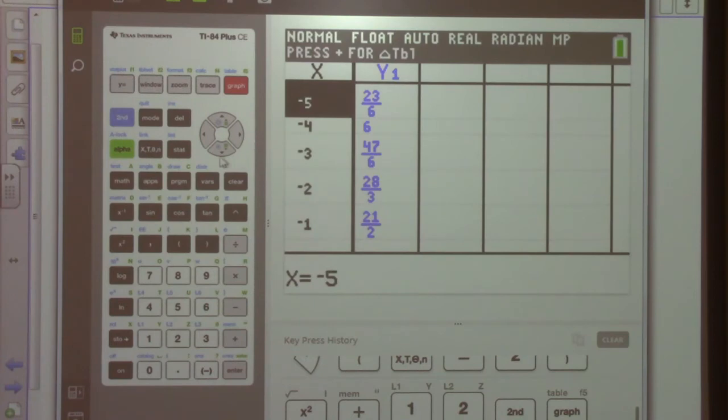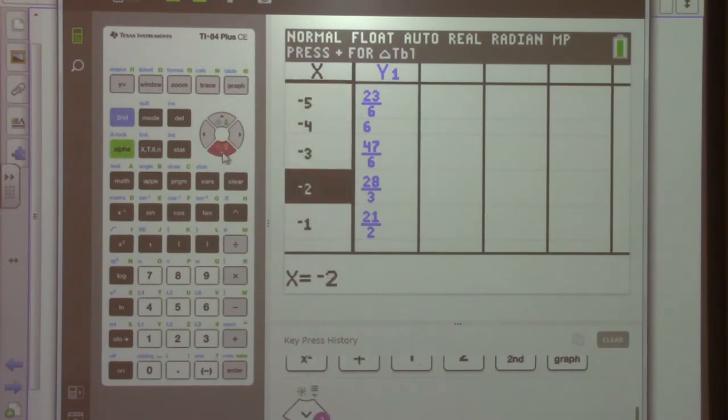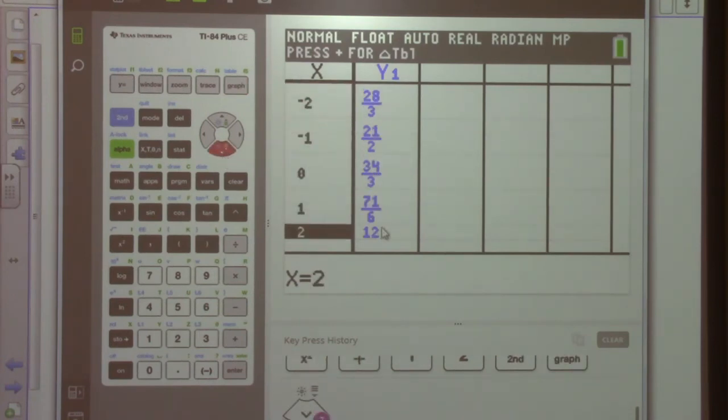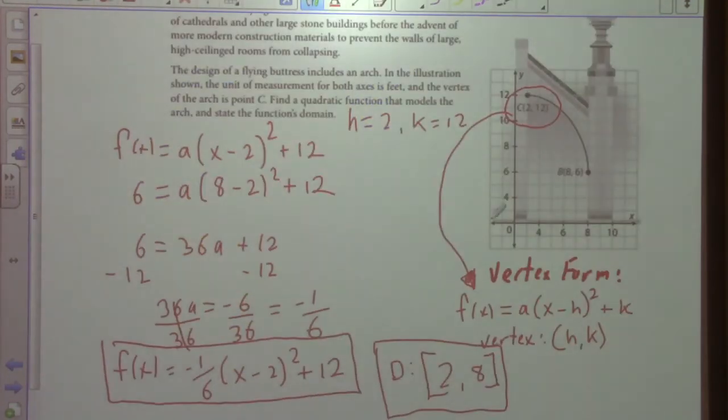You should get 2 points on here. You should get 2 comma 12, that's right, isn't it? And then you should get 8 comma 6, right? And that's there also, so that checks out, okay? All right, any questions on this one here?